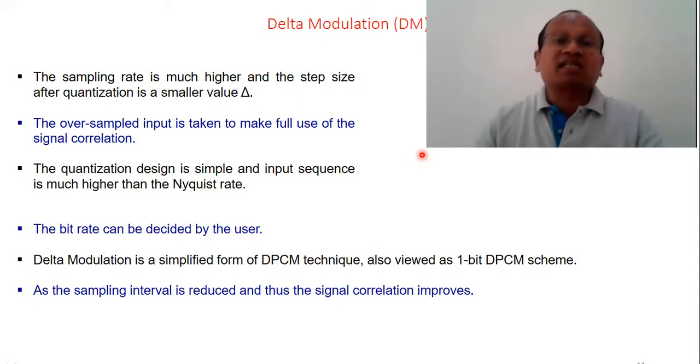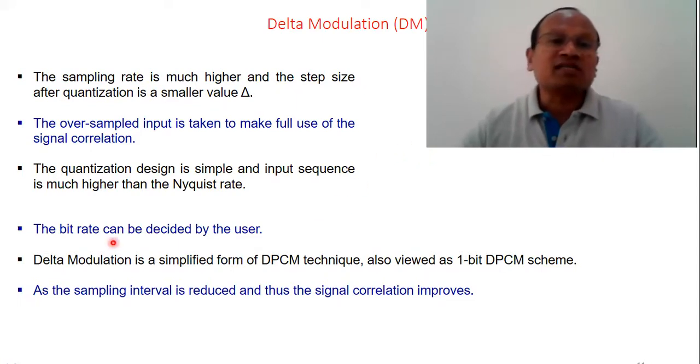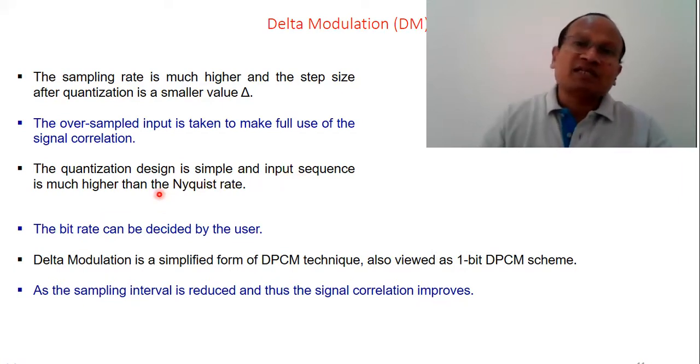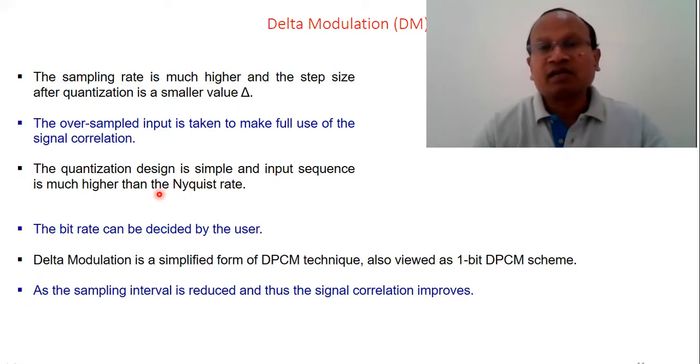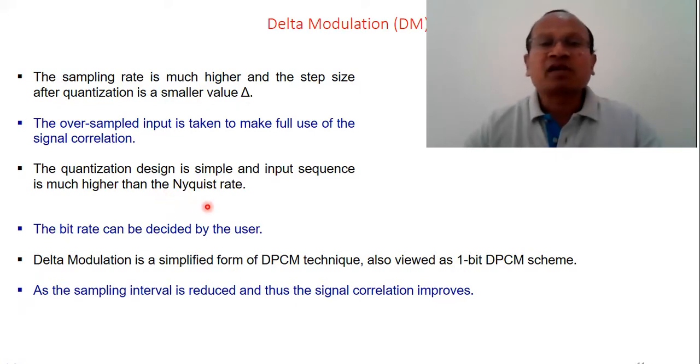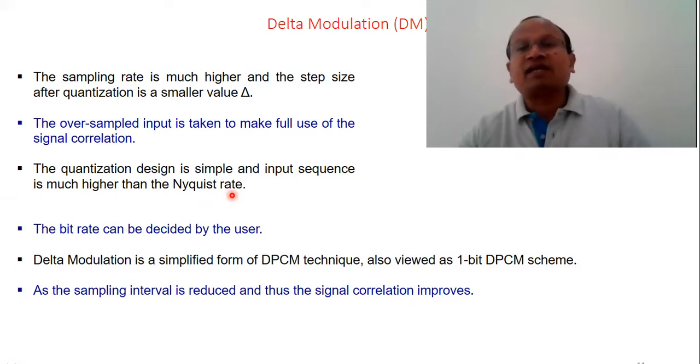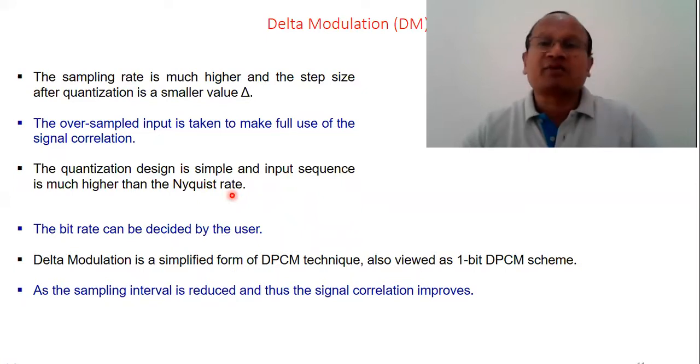So it is much larger than the Nyquist rate. Quantization design is simple. The input sequence is sampled at a rate much higher than the Nyquist rate. We know that sampling is always done at greater than the Nyquist rate. The Nyquist rate is double the maximum frequency of the analog or message signal. Here it is much larger because the sampling rate is very high.